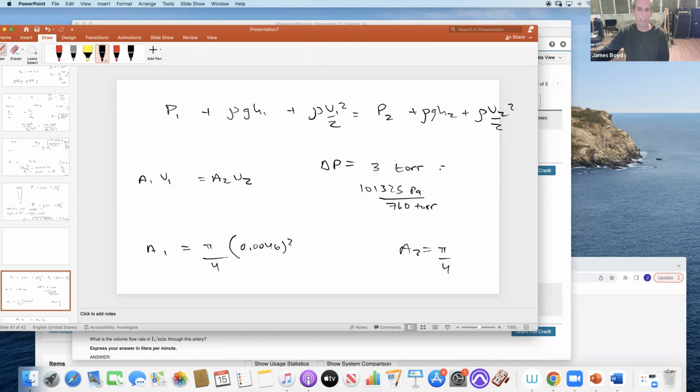So if I multiply that, that is 3 divided by 760 times 101,325, which is about 400 pascals. Okay, so the change of pressure, which is P2 minus P1, is about 400 pascals.